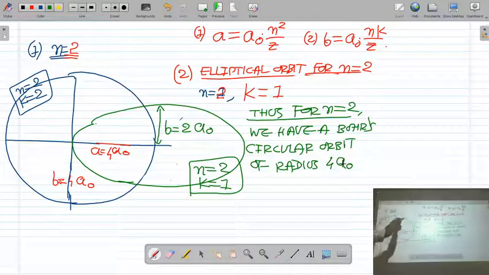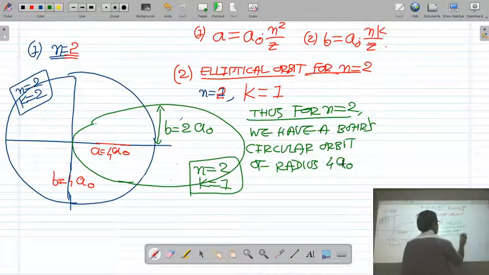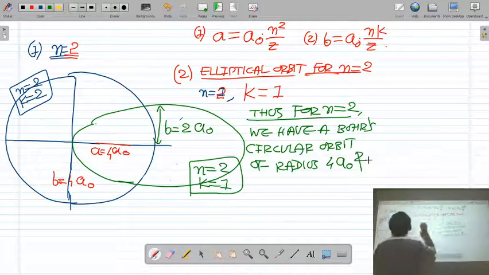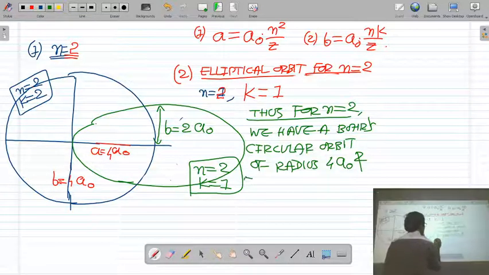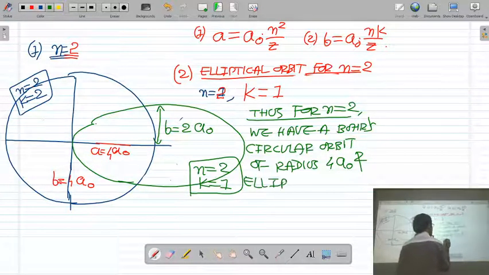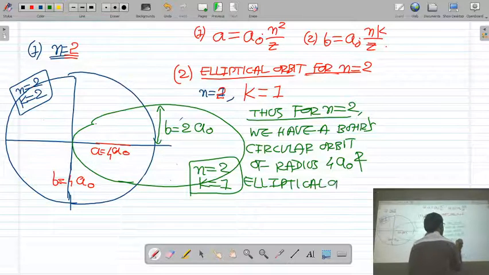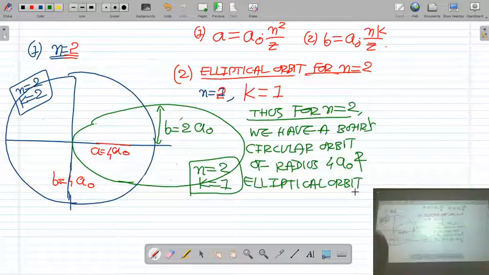We get a circular orbit of radius 4a0 for n is equal to 2 and k is equal to 2, and we also get an elliptical orbit. For n is equal to 2, k is equal to 2, we get a circular orbit of radius 4a0.